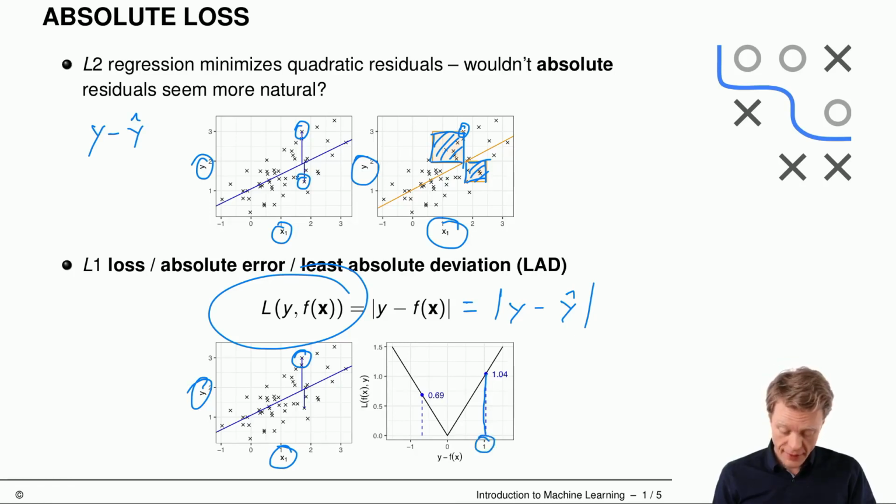So on the x-axis we have 1.04, and on the y-axis we also have 1.04. And for the other point, the point down here, we have an absolute loss of 0.69. So the loss function is 0.69, and the residual is, of course, minus 0.69.